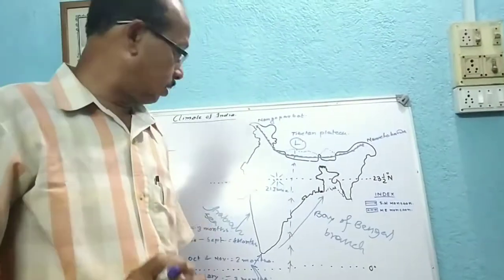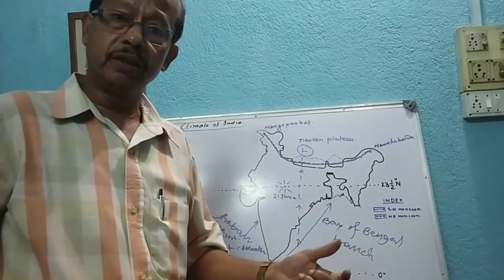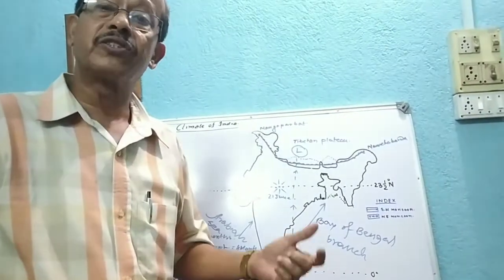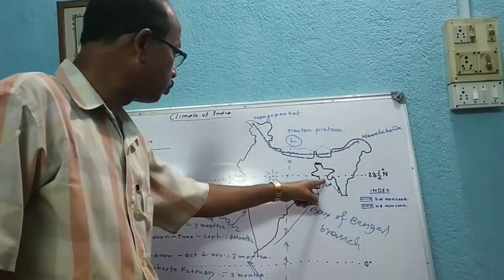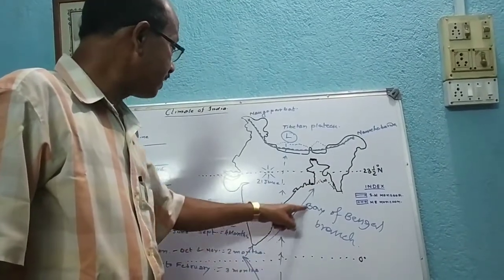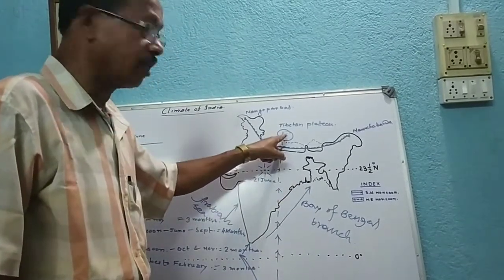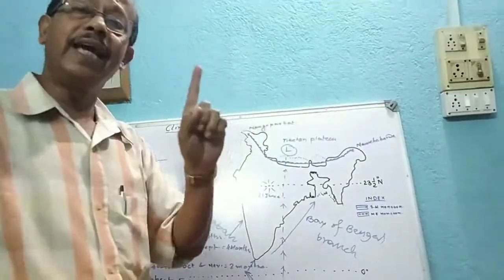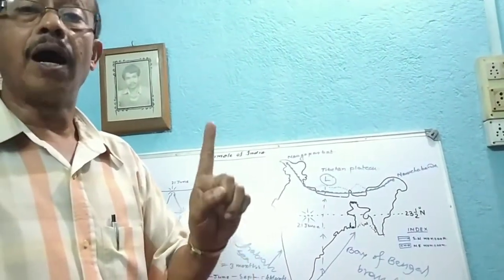I already mentioned that the moisture retaining capacity of a wind depends on its temperature. On its way, when it is blowing towards the north, it increases its temperature because it is moving towards the low pressure trough. Where there is low pressure, the actual atmospheric temperature is high.